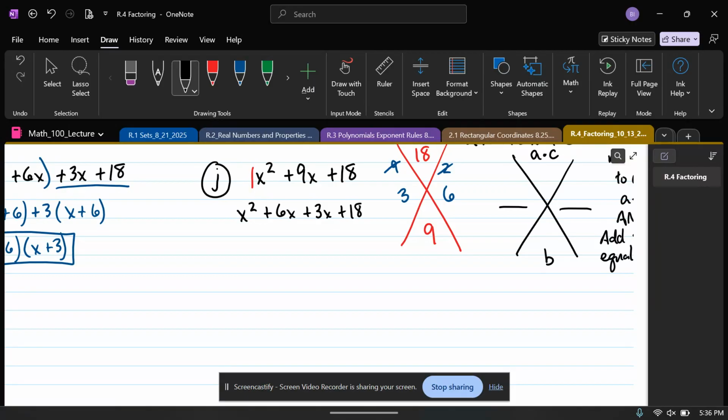If you put the 3x in the front or the 6x in the front, it doesn't matter, as long as you replace the middle number with those two pieces from the side of your x. And then you group. And we already did that. That's x plus 6. That one's going to be plus 3. There's our matching parentheses. So we got x plus 6 and x plus 3.